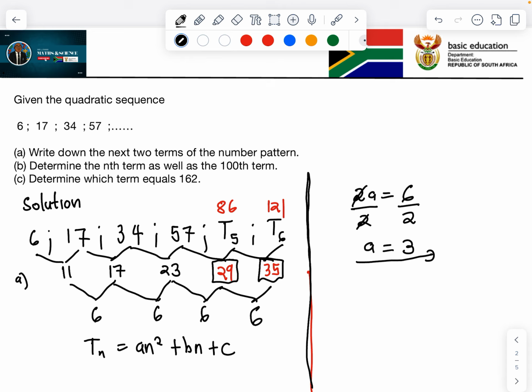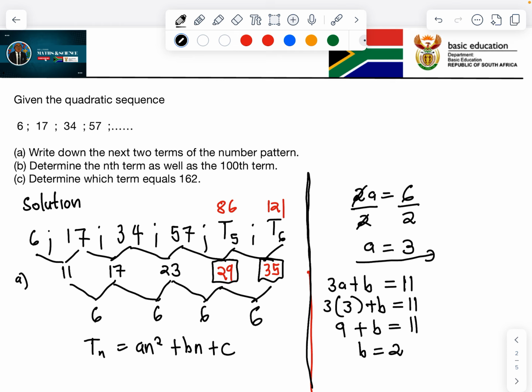Then to get b, you say 3a plus b, and you equate this expression to the first term of the first difference, which in this case is 11. Then you have 3 times 3, that is 9, plus b equals 11. So b is equal to 11 minus 9, that is 2.